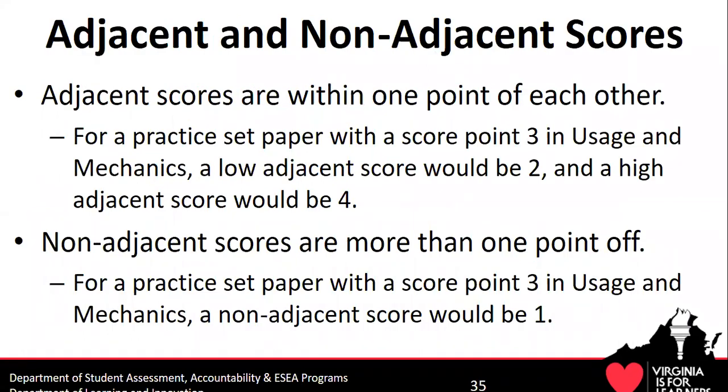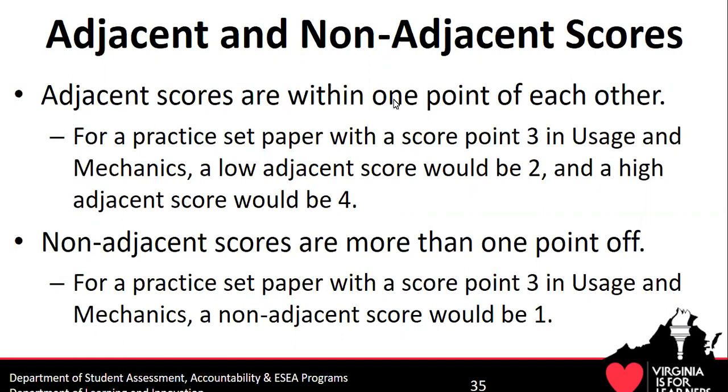When you are scoring the practice set and you get your scores back, we'll show you a table on the next slide or so. If you have assigned an adjacent score, that means the score was within 1 point of the actual assigned score.